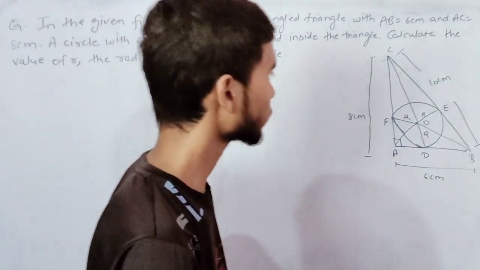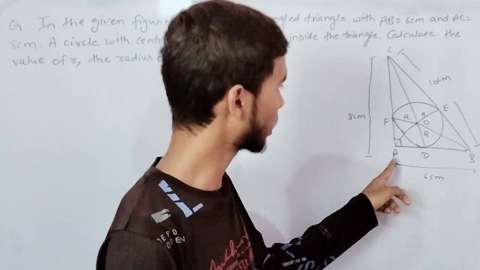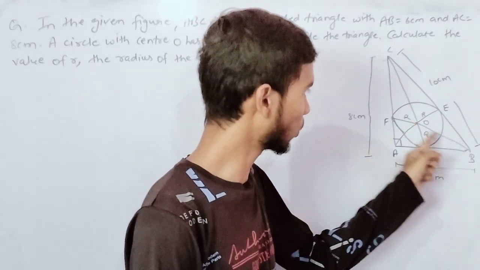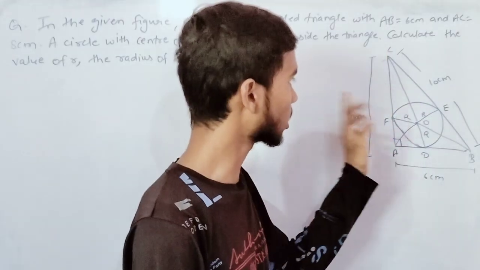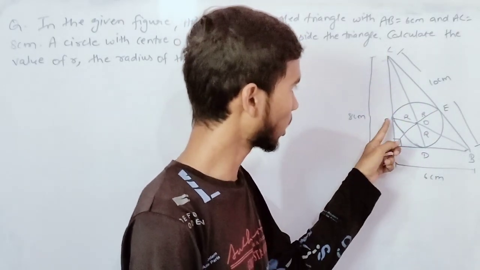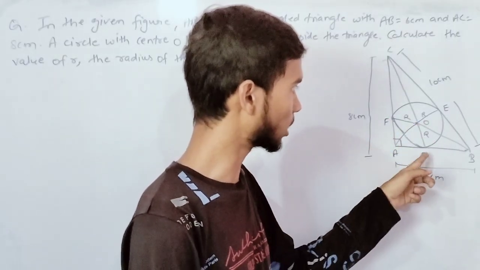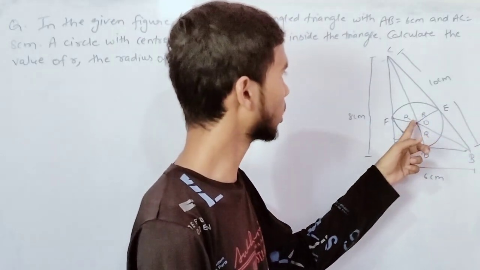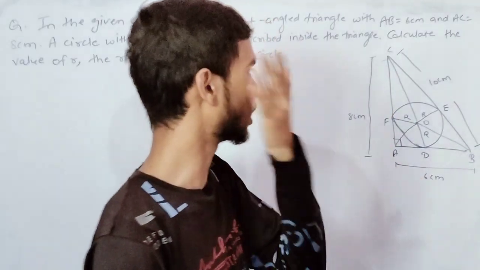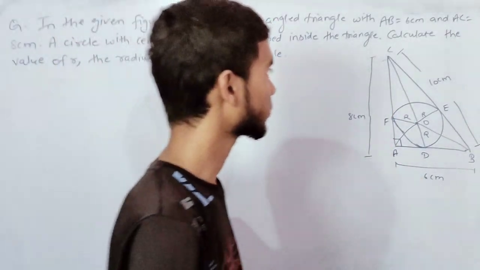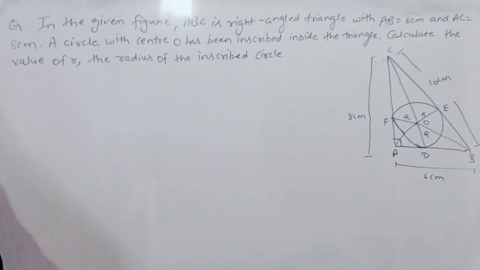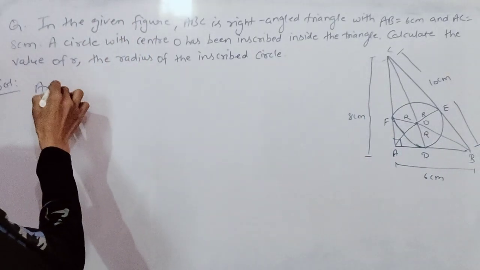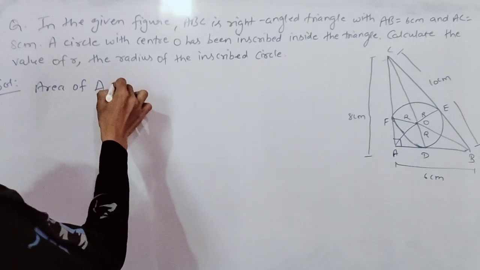Now, how to find it? You can see you have one triangle ABC, another AOB, BOC, and AOC. So what is the area of triangle ABC?